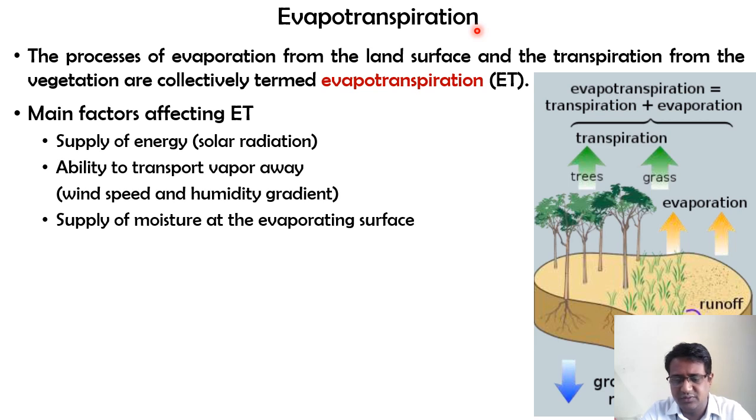If you take a practical real world scenario, any field, forest, or grassland, there will be some amount of plants present, along with the soil. So this vaporization of water is going to take place from the soil as well as from the plants. Okay, so you cannot differentiate that.